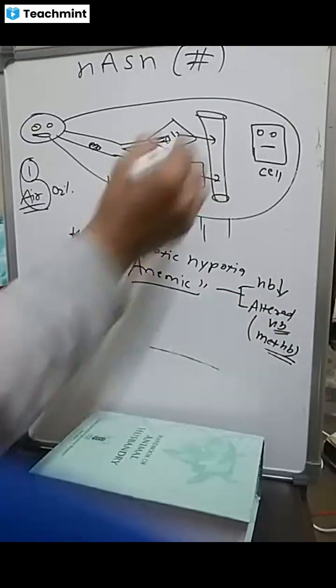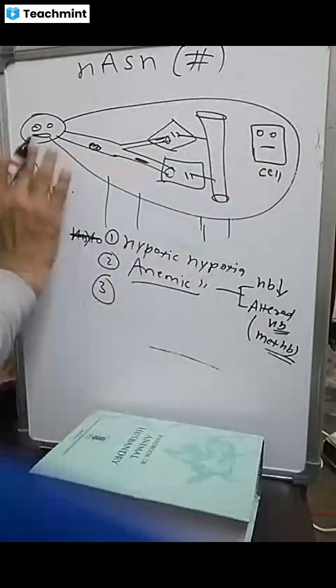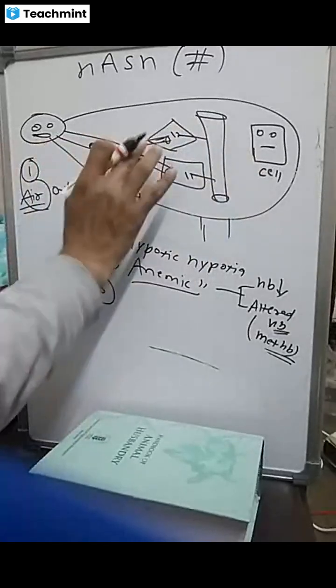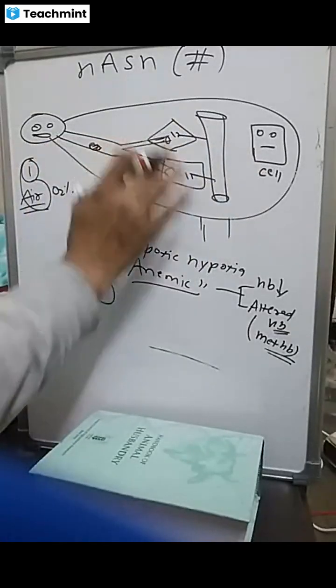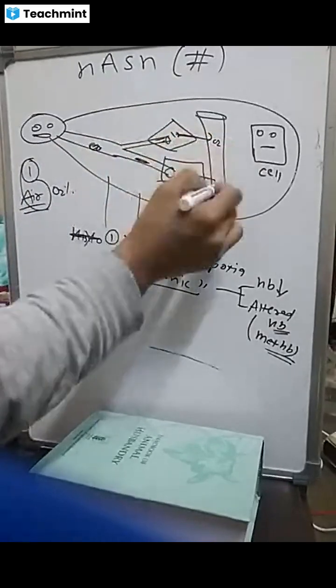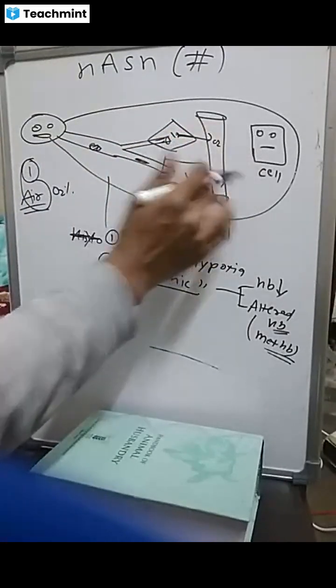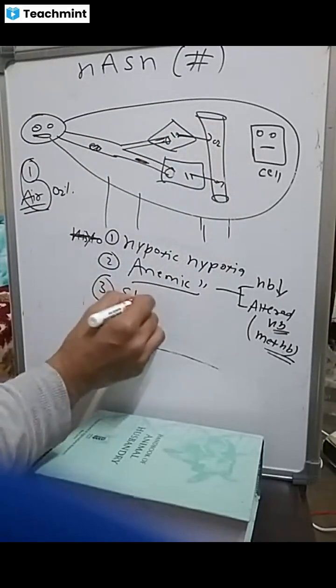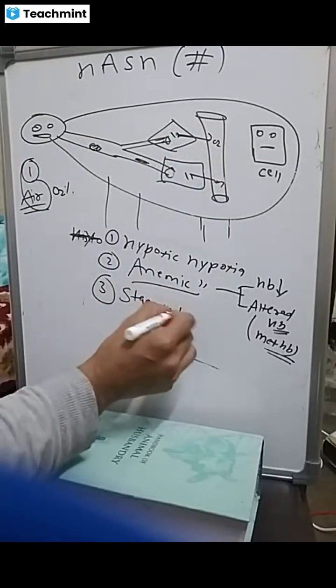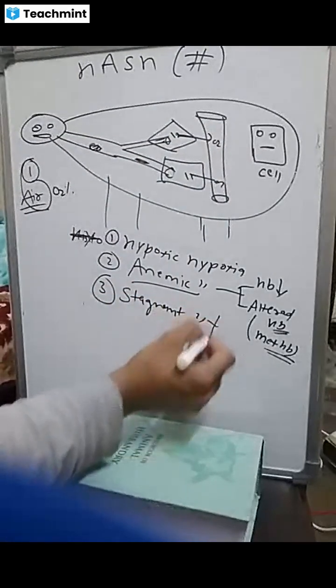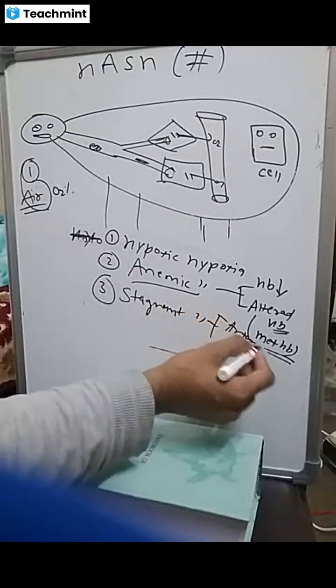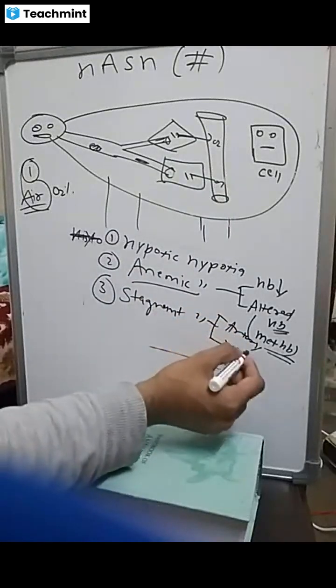Third may be, air is okay, airways are normal, diffusion is good, hemoglobin is normal, but flow is not good. So, stagnant hypoxia. And this flow problem may be at the level of artery or vein.